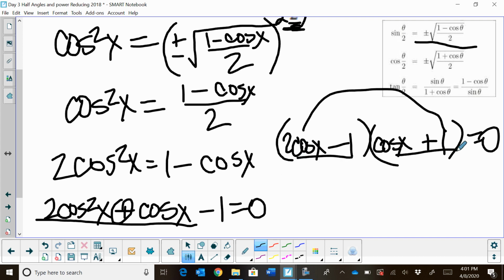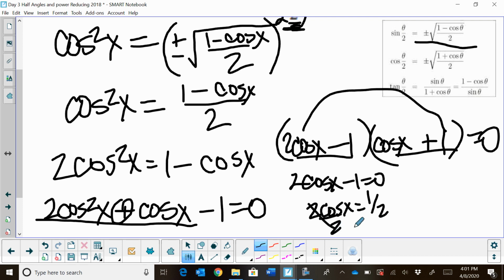Now let's set each factor equal to 0. So where does 2 cosine x minus 1 equals 0? It's where 2 cosine x equals 1, which is where cosine equals a half. I'm just going to go ahead and divide by 2. So where is cosine at positive 1/2 on the interval 0 to 2 pi? Well, that's at pi thirds and 5 pi thirds.